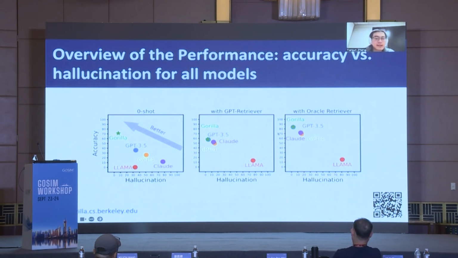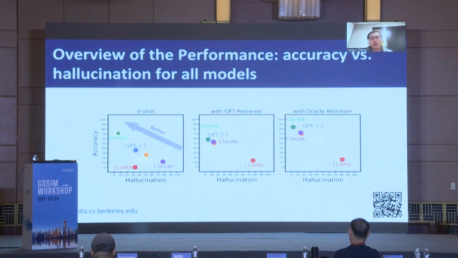We see that this GPT retriever in the middle is actually worse. The performance is worse than the zero-shot one, which is understandable because your retriever is actually a bottleneck. We often see the retriever retrieving the wrong results.